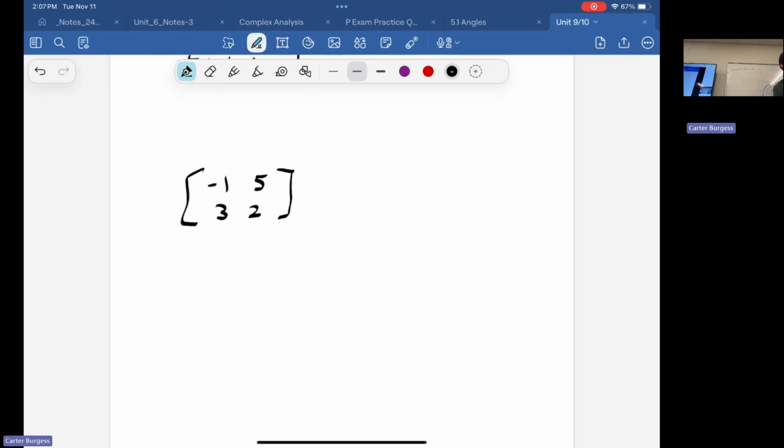How did we just define the inverse matrix?